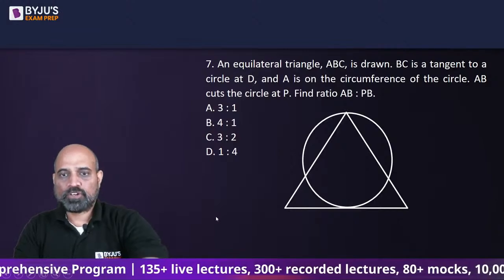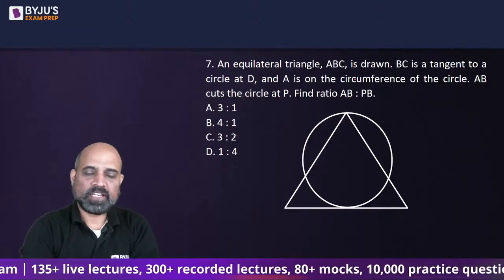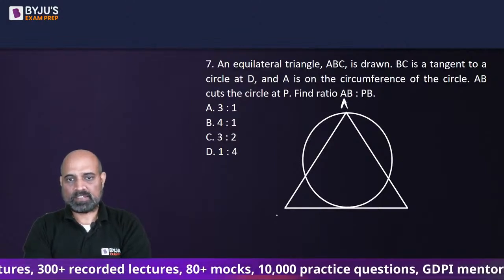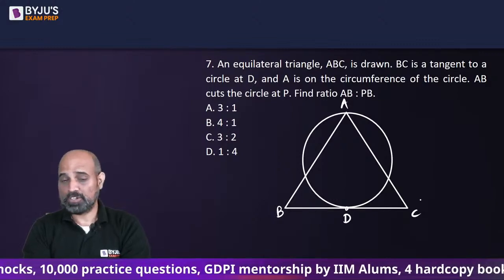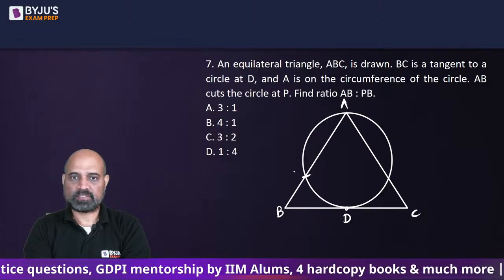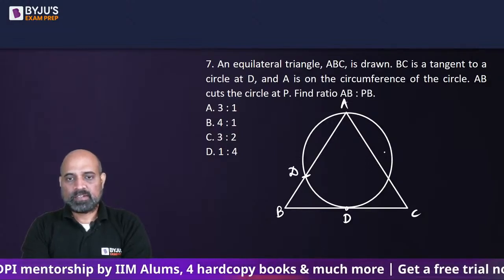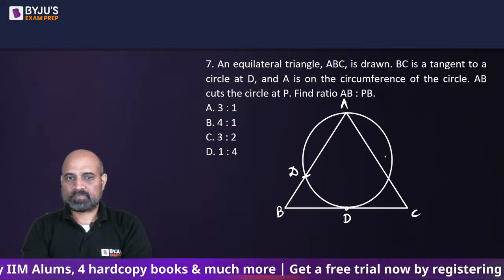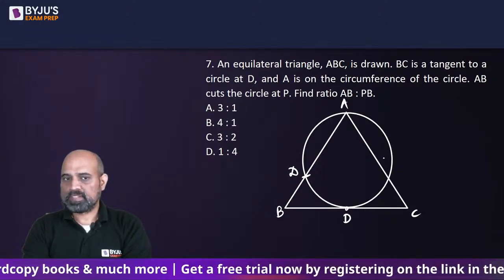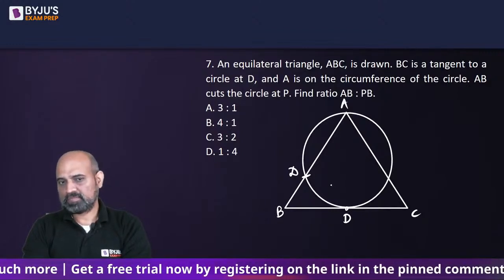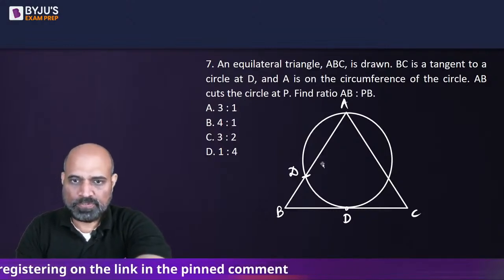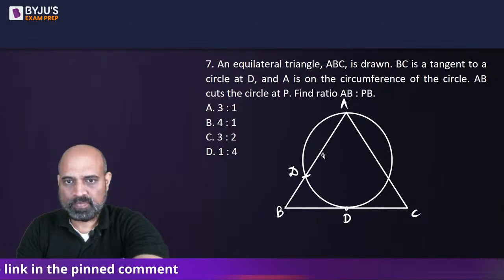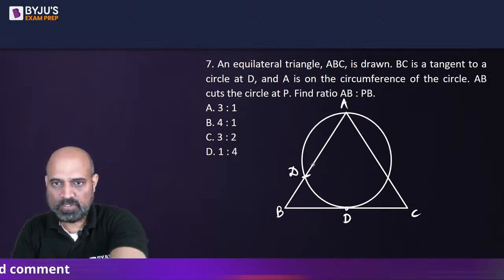Okay. Why I have drawn this is because it never talked about where it touches the side AC, right? We just know that BC is going to be a tangent and it touches AB at D. There is one more possibility, right? Let's try to move this circle in such a way that it actually becomes the way this is saying.